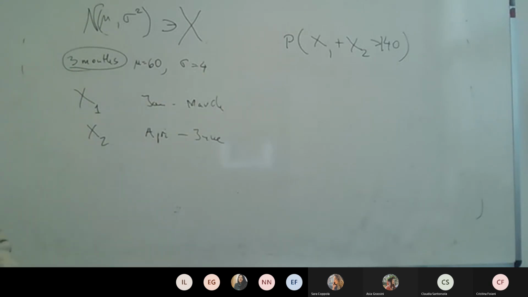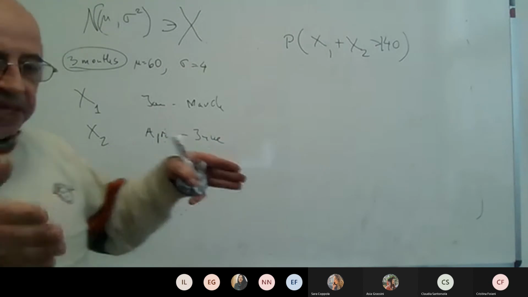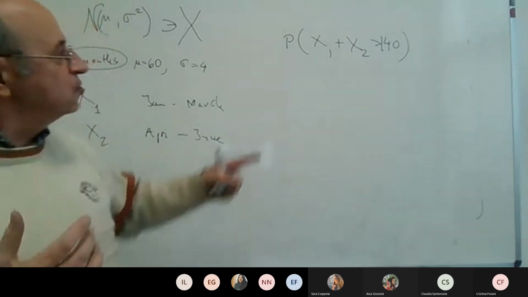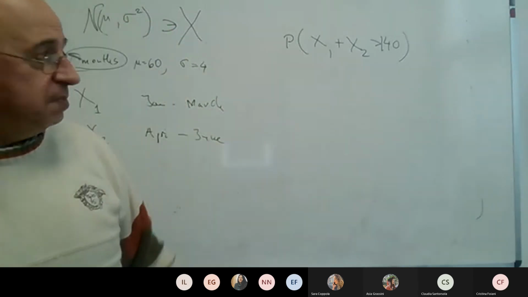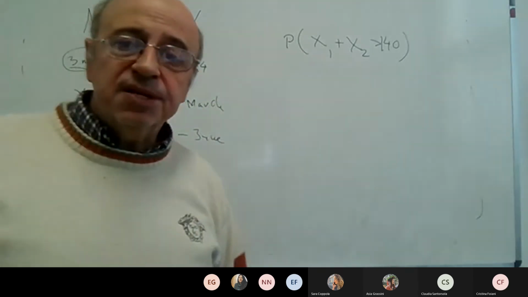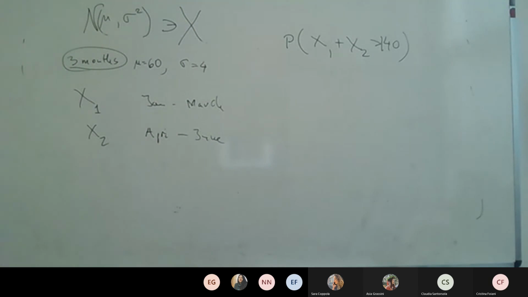Then when we take the sum, we need to compute the probability that these 2 independent normal random variables, which shall describe the next 6 months, and we want to see, in the next 6 months, the probability that the number of infected people is bigger than 140.